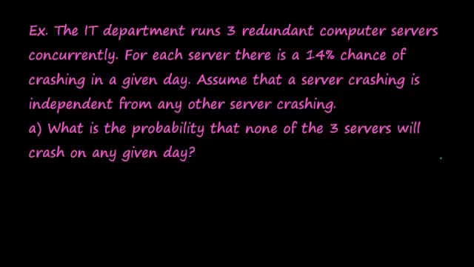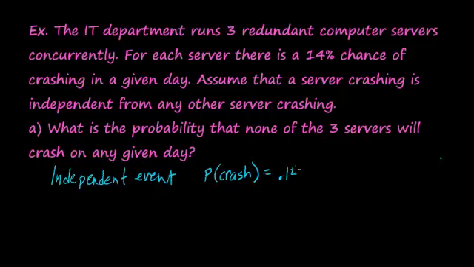Okay, well, let's look at the information we've been given. We've been told that these are independent events. Each server's operation is an independent event. We've been told that the probability of a crash for each of the servers is 14% or 0.14.